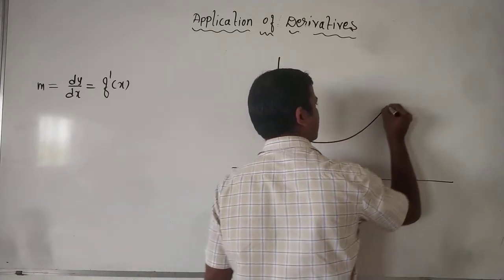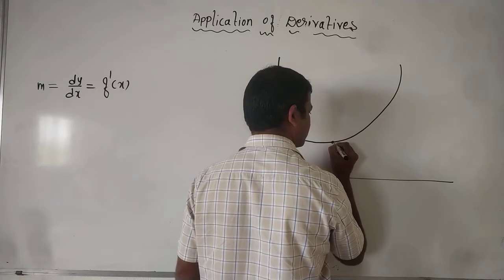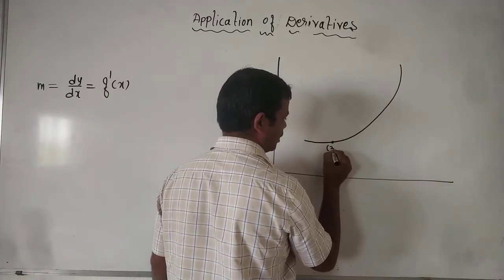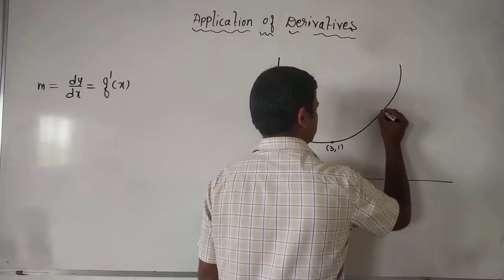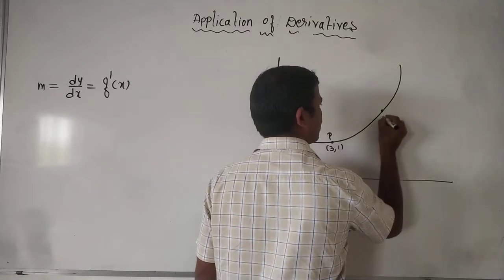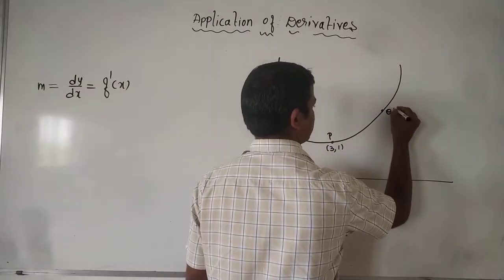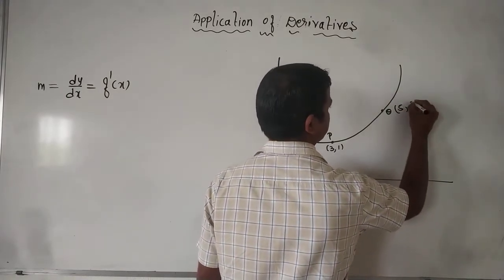this. Here there is a point, which approximately I will take as (3,1). Then it is P and this is Q, and its point is (5,3).